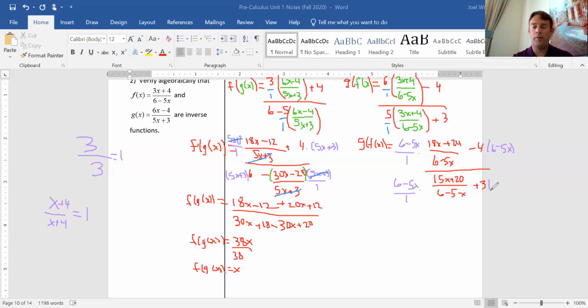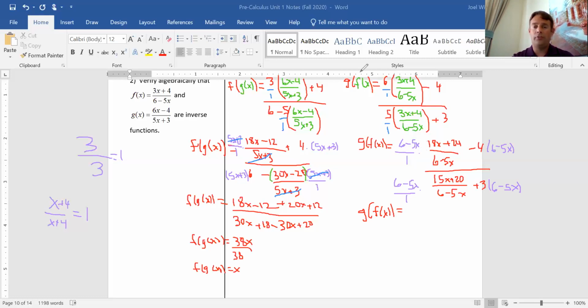And this will be multiplied by 6 minus 5x. So getting close to the end here. Hopefully that kind of cleans it up a little bit. And again, we have to prove it both ways because we're trying to prove that y equals x.